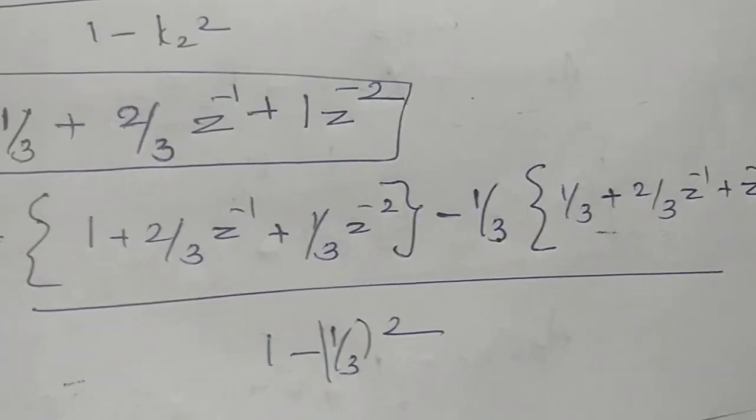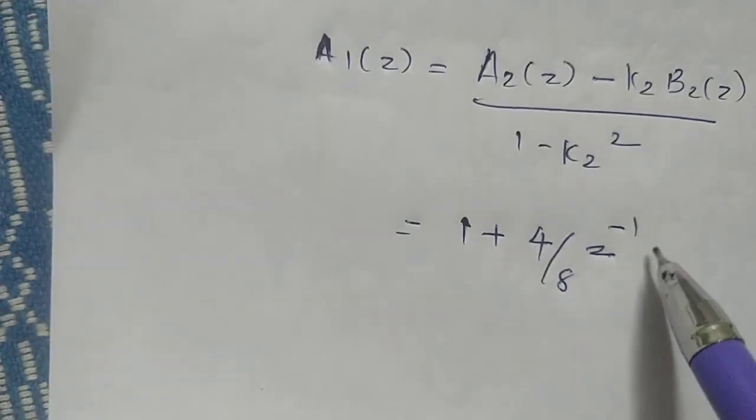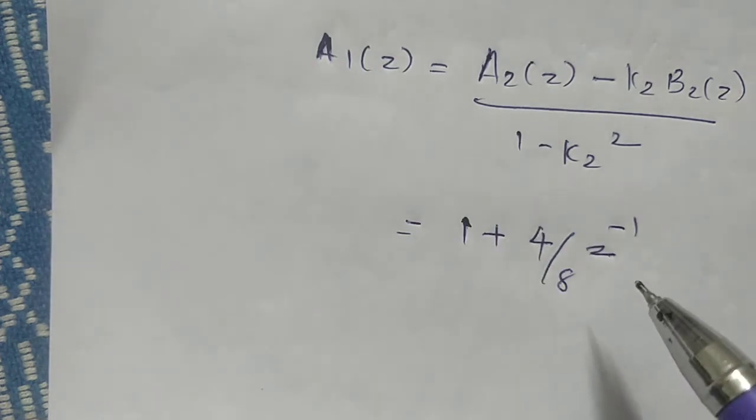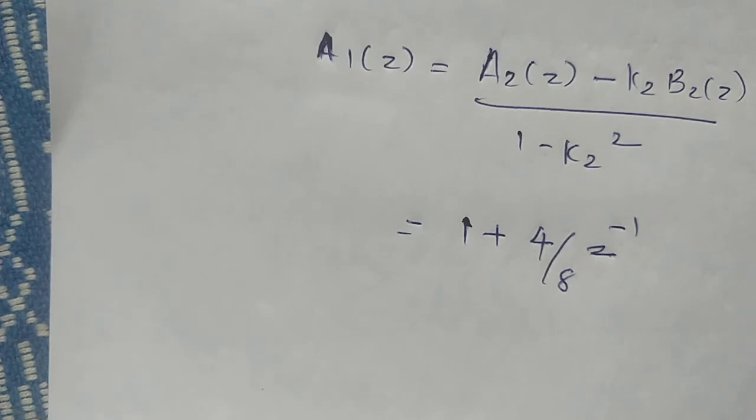After simplification we will get 1 plus 4 by 8 z inverse. I am not writing the entire step because it is a very time consuming process and our video will become very lengthy, so you just simplify the equation. It is very simple, you will get it. I have sent the notes of it, where you can see the entire steps.